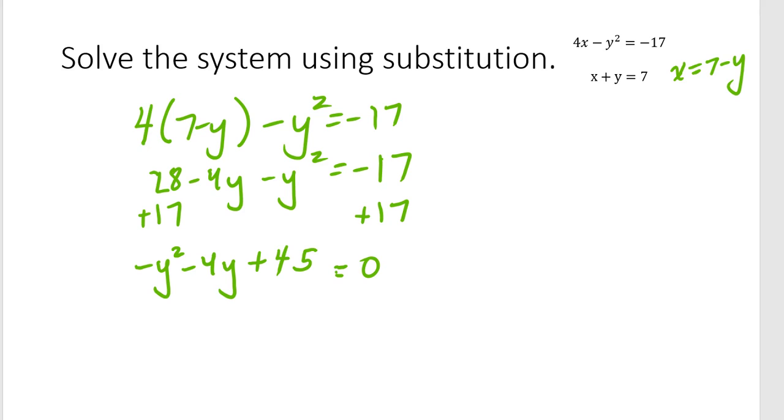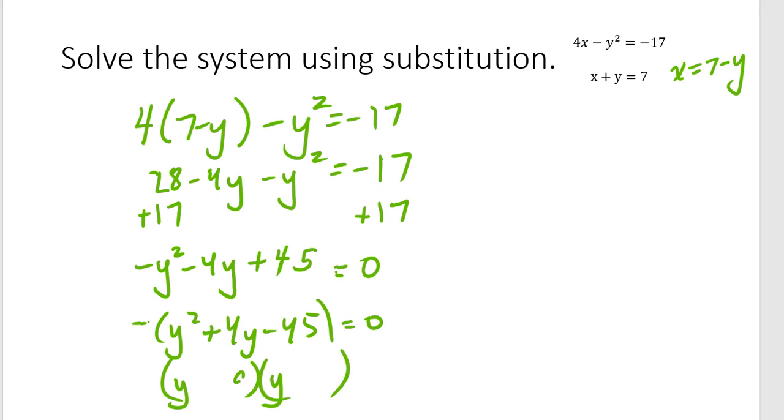One hint I'm going to give you too is whenever you have a negative in front of your y squared, if you have a negative a, just factor it out. Much easier to factor when it's positive. So I get y is equal to -9 and 5.